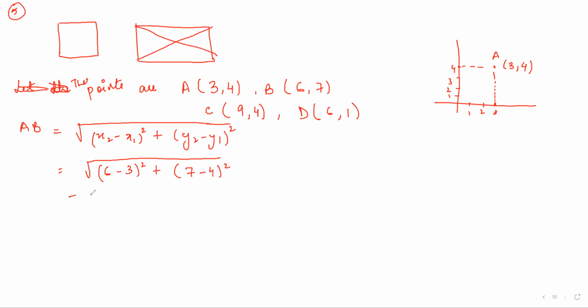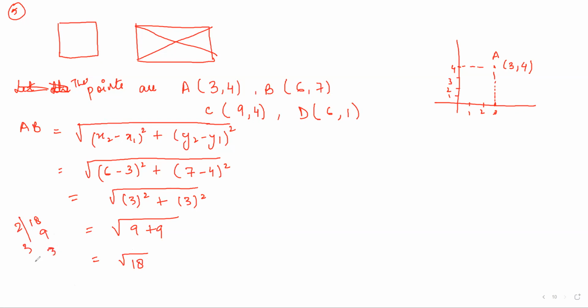Okay, so now do the calculation quickly. 6 minus 3 is 3 whole square plus again 3 whole square. So you're getting under root 9 plus 9, which is how much? Under root 18, right? And then you can do the prime factorization. So 18 means 2 into 9, then 3 and 3, right? So it can be written as 3 under root 2 units. Clear?